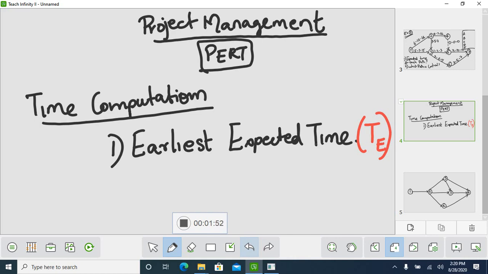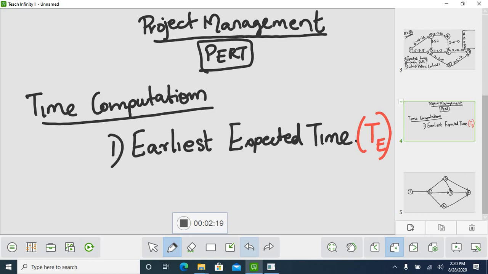What is earliest expected time? The earliest expected time is the time when an event cannot be expected to occur. It is always represented by the symbol capital TE and appears above or below the node. We have seen the network diagram, right? Node is an event.